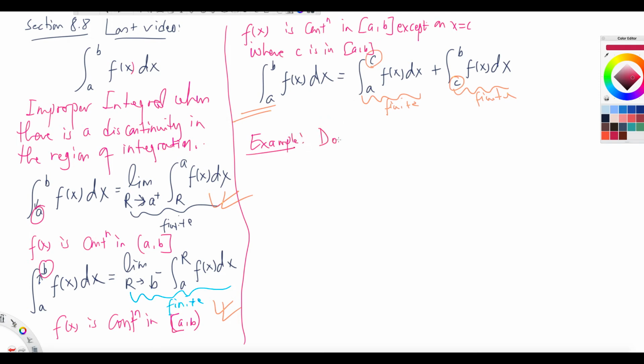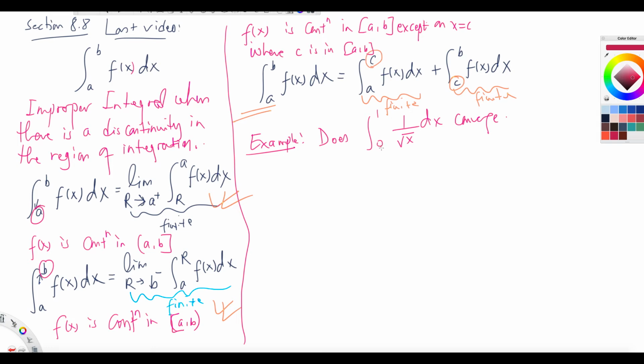So does the integral from 0 to 1 of 1 over root x dx converge? So is this an improper integral first? So what do you think? There are two types of improper integral. One is where one of the limits is infinity. This is not that type of integral because both of the limits are finite numbers. Next we see if one of the limits makes the function infinity.